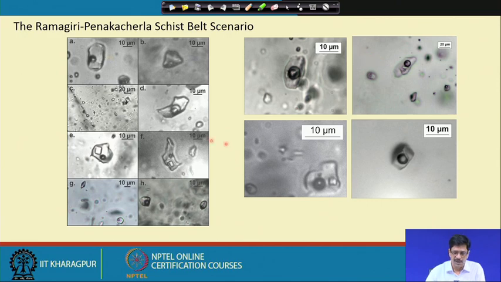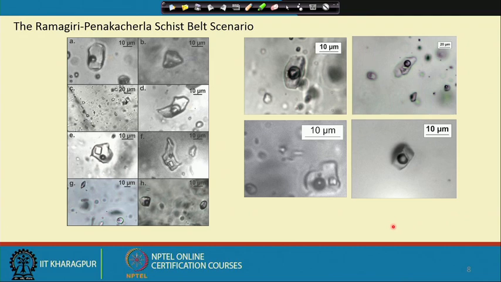You could see in the same samples aqueous biphase inclusions of low salinity, carbonic and aqueous carbonic inclusions, and sometimes very high saline inclusions exemplified by polyphase halide bearing daughter crystals here, and the coexistence of pure carbonic and pure aqueous inclusions, and also, very interestingly, some high saline aqueous carbonic fluid having some daughter crystals in them, which gives us an idea that there must have been multiple sources of the fluids in this particular area, and that is how it gives us a heterogeneous picture.